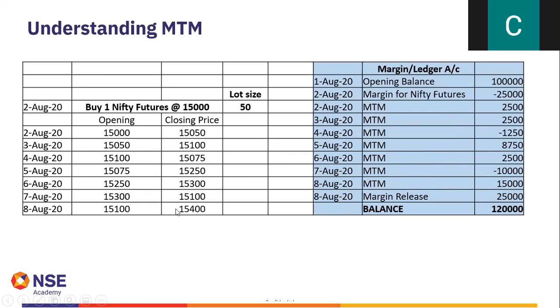That is, here in this case, 300 is your profit multiplied by 50, 15,000, and the initial 25,000 which has been debited or blocked earlier, that also will be released. So overall, you have a balance of 1,20,000 in your account at the end of 8th August 20. So that's a profit of 20,000 rupees. So this is about MTM.